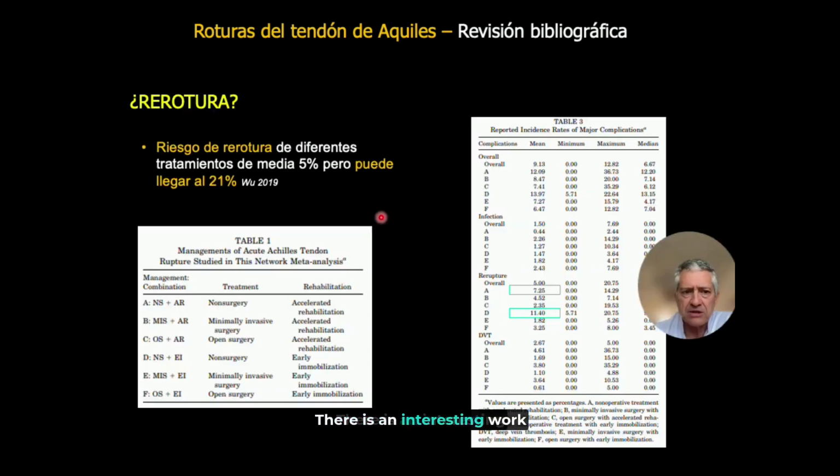There is an interesting work from 2019 that especially studies re-ruptures, the rate of ruptures, in the different treatments, specifically in conservative treatments.